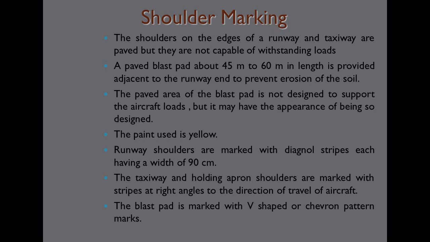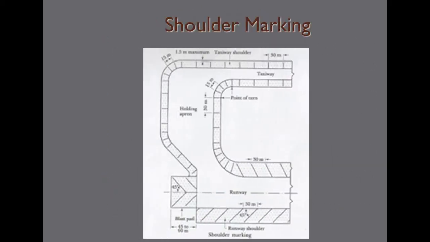The taxiway and holding apron shoulders are marked with stripes at right angles to the direction of travel of aircraft. So you can see here the different shoulder markings along the runway and the apron. So a striped pattern along the runway and a checked pattern along the shoulder mark, apron and the taxiways.